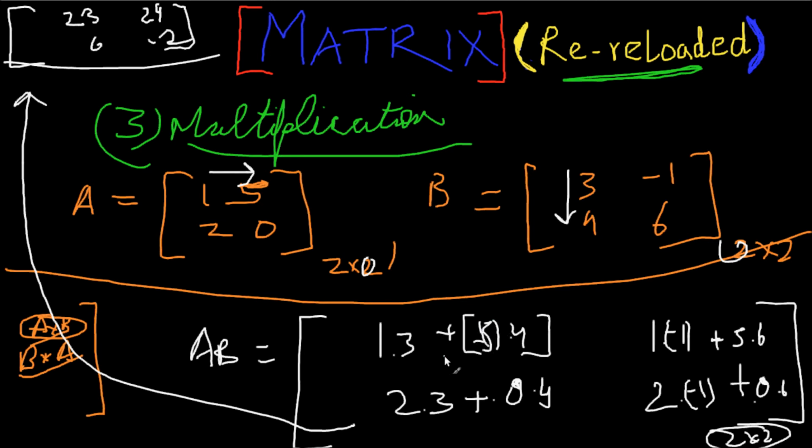Compute minus 5 times 4, it's minus 20. So 3 times 1 is 3, so 3 plus minus 20 is nothing but 3 minus 20, which is minus 17. But in this case there is no minus, so our answer is right. There is only a plus sign, so there is no need of putting any brackets. Your answer is 23. That's the first element, and so on and so forth.